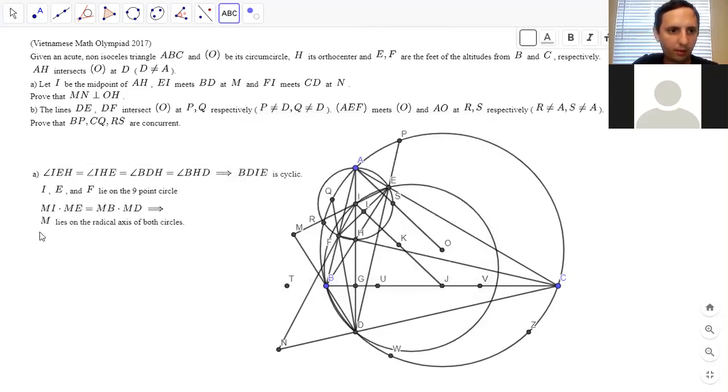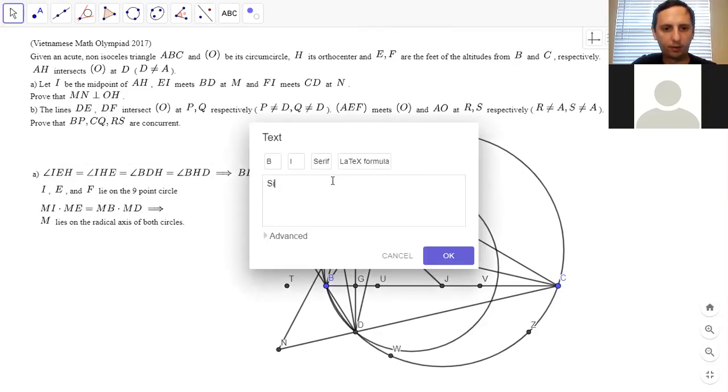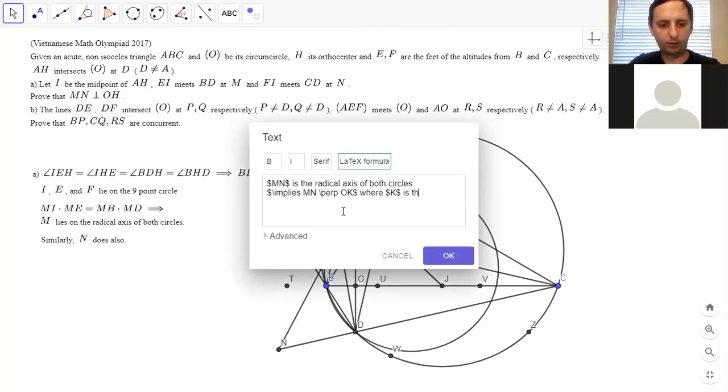And similarly, N does also. So MN is the radical axis of those two circles, and that means that MN is perpendicular to OK, where K is the 9-point center.